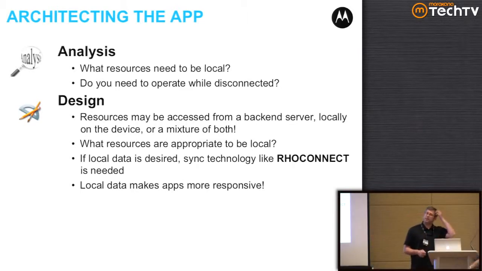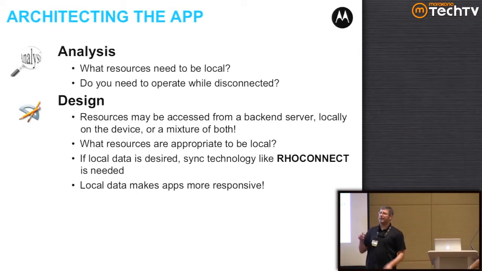So what this means is that you can point to resources locally on the device using URLs, or you can point to external URLs. You can mix and match, right? So you don't have to make a sweeping decision about where your resources are going to reside, which gives you a lot of design options, but also means that you have to take that into account. You have to understand, if you are using external resources, how does your connectivity relate to that?